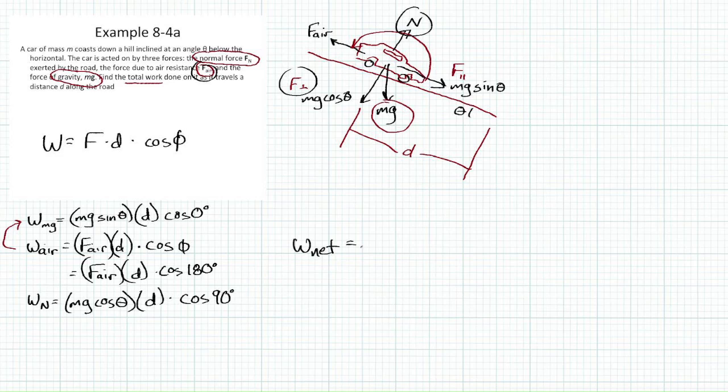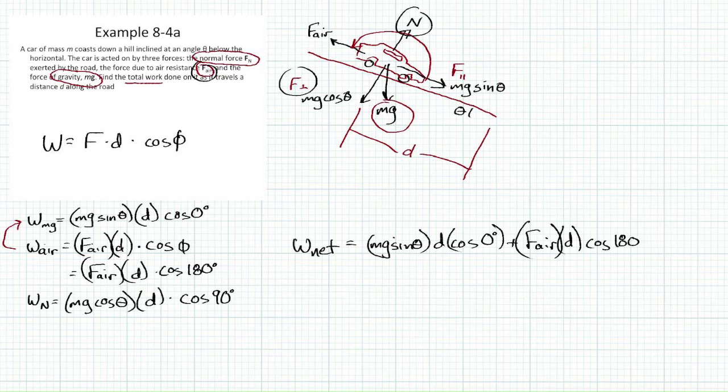Net work would be mg times sine of theta times our displacement times cosine of 0, which isn't really necessary, but we'll write it in, plus the air force or friction force times displacement times the cosine of 180, plus, and I just ran out of room.